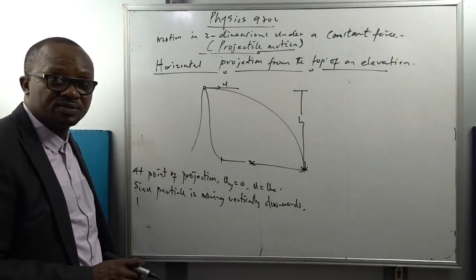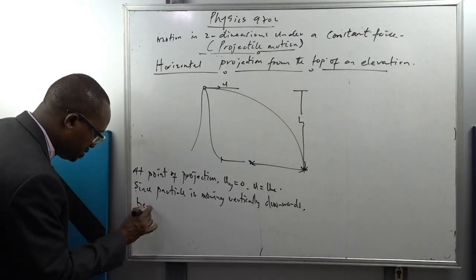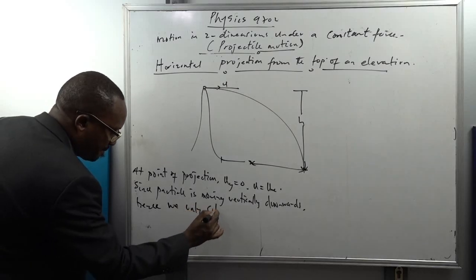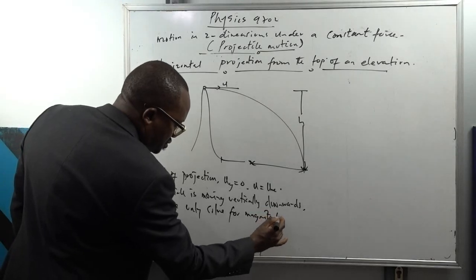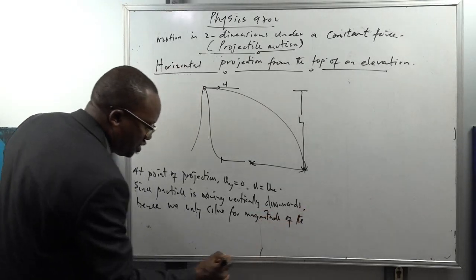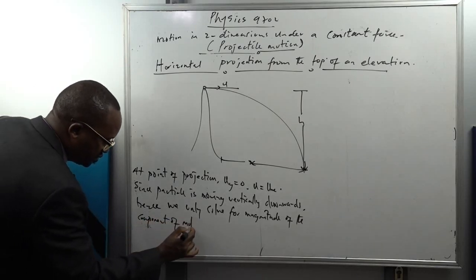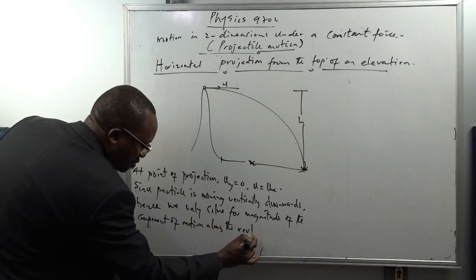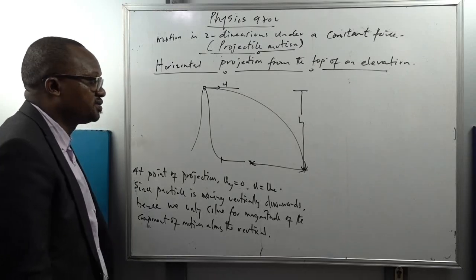Hence, we only solve for the magnitude of the component of the motion along the vertical. I'm going to explain this to you in greater detail.